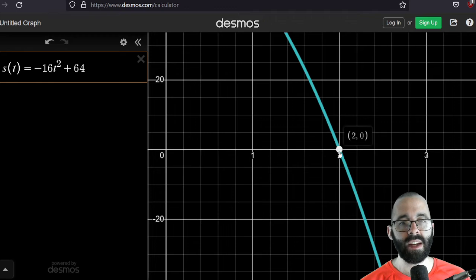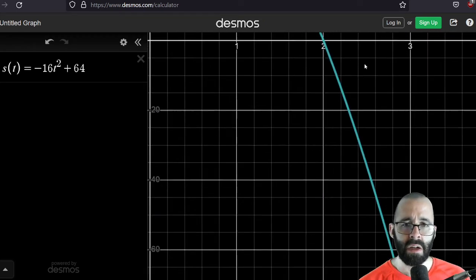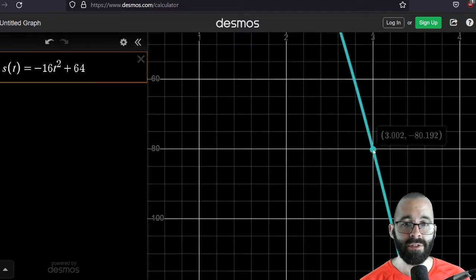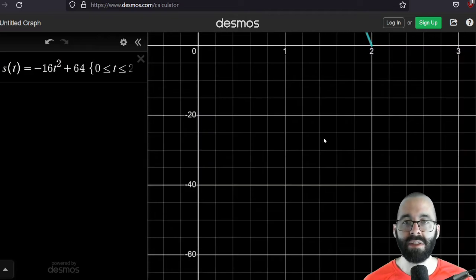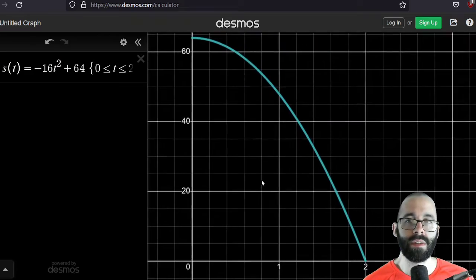That says that after 2 seconds, the height is 0. That's not that silly. But it does say that after 3 seconds, we're about 80 feet below ground. And I don't know what we're dropping, but we're going to assume that the thing that we're dropping is not burrowing 80 feet into the ground. That's why domain for a lot of applications is really, really important.